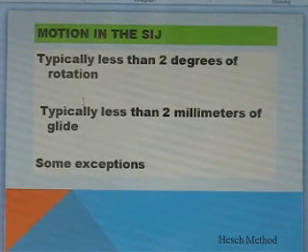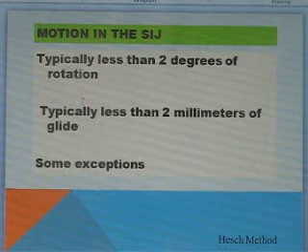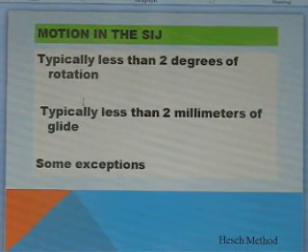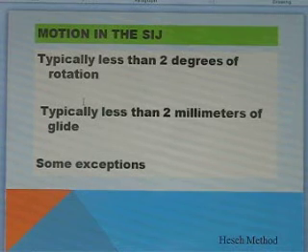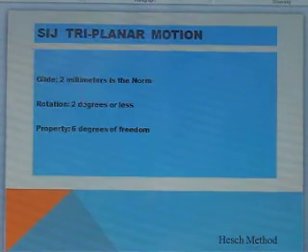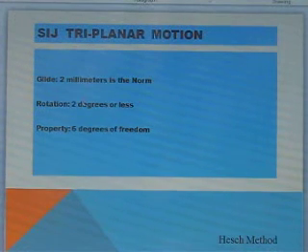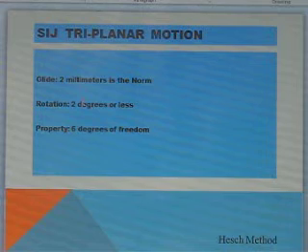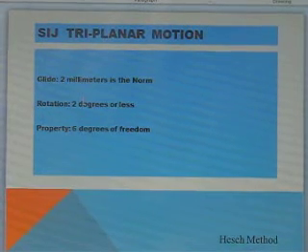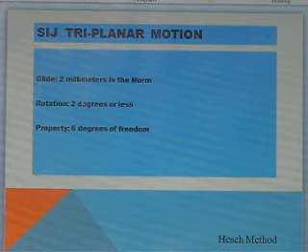And certainly in the peripartum and postpartum states the pelvis is much more mobile, and so motion can be much greater than that, and some people do sustain trauma such that their motion is certainly much more than that. Motion is triplanar, and the main concept is that the joint properties allow for 6 degrees of freedom in the pelvis.